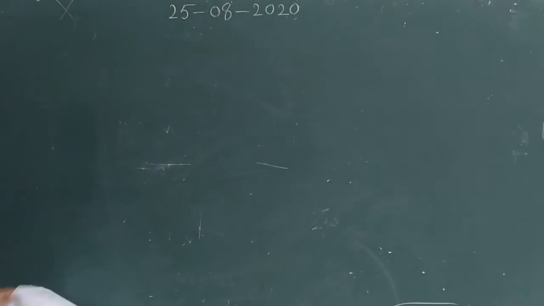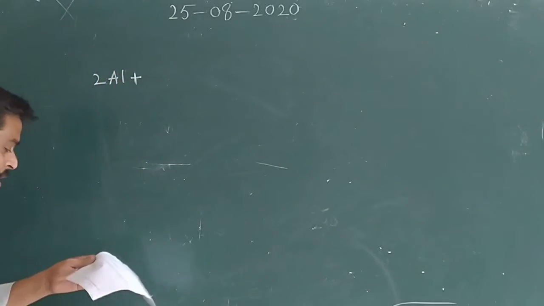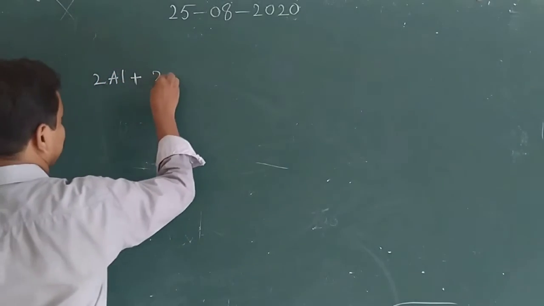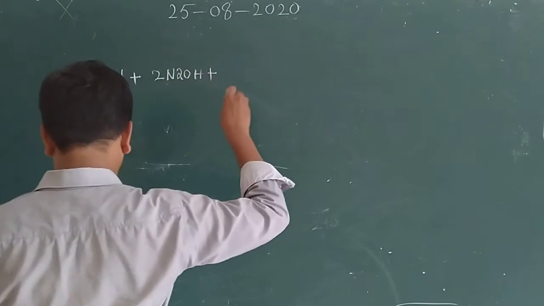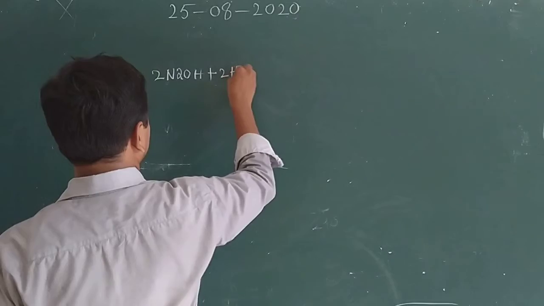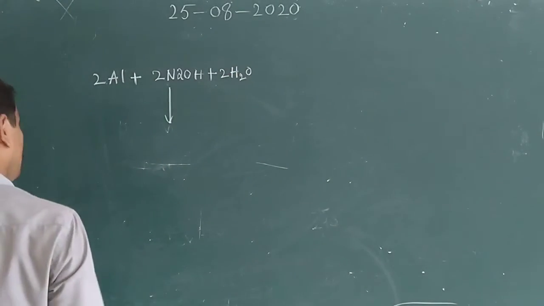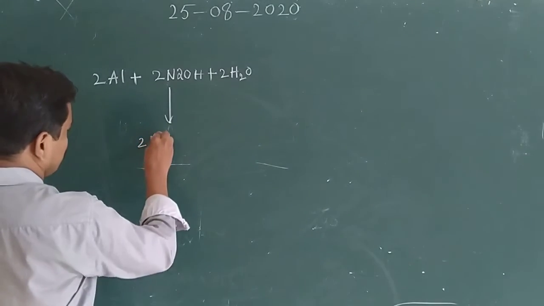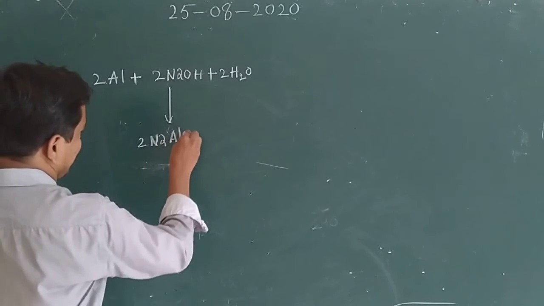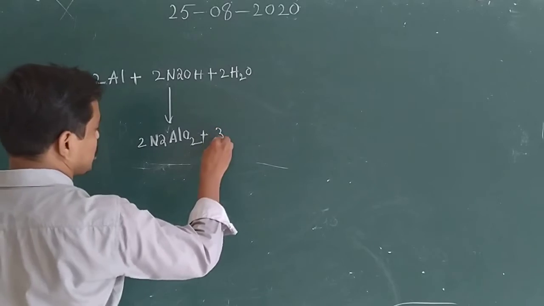So listen students, the aluminum and NaOH reaction in aqueous medium is 2Al plus 2NaOH plus 2H2O gives 2NaAlO2 plus 3H2.